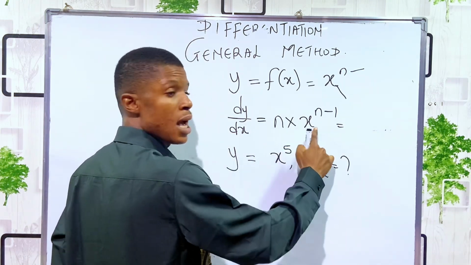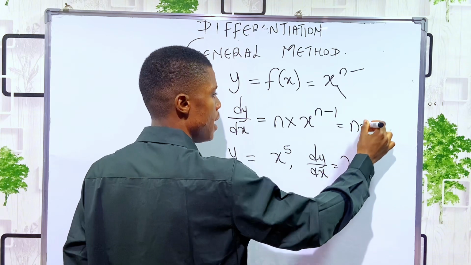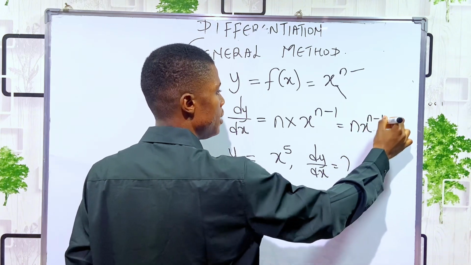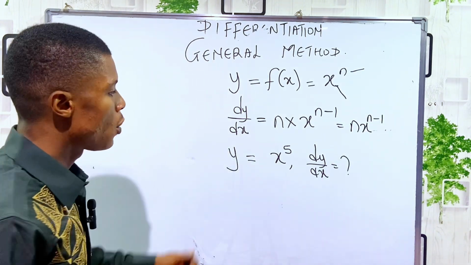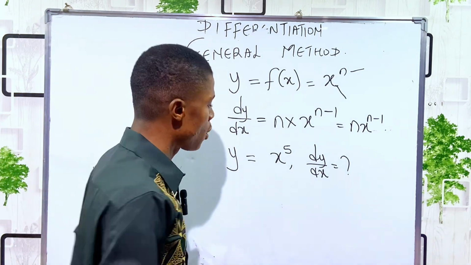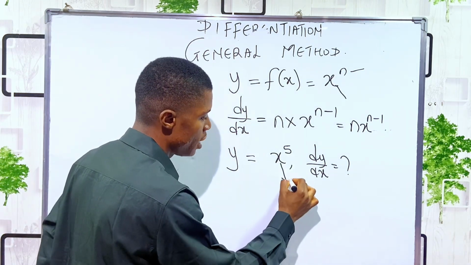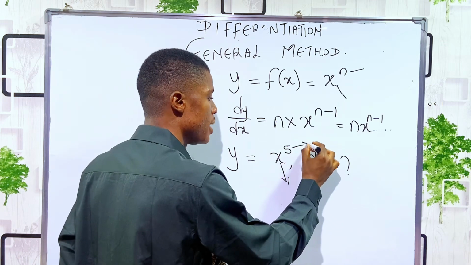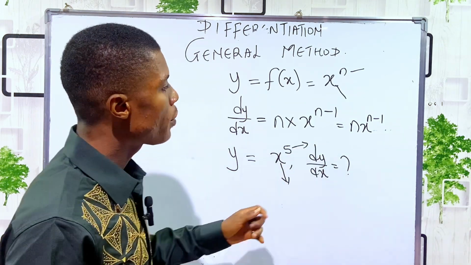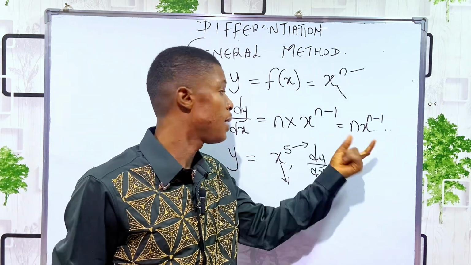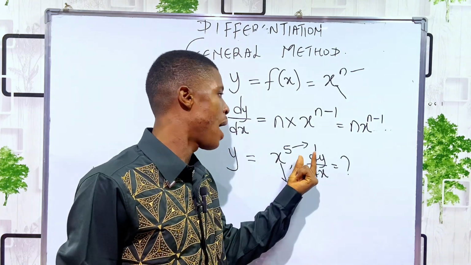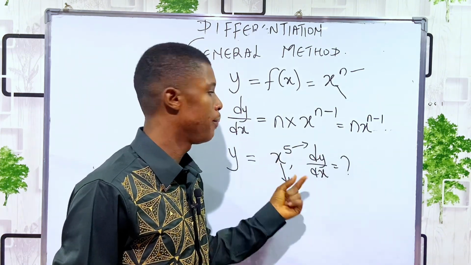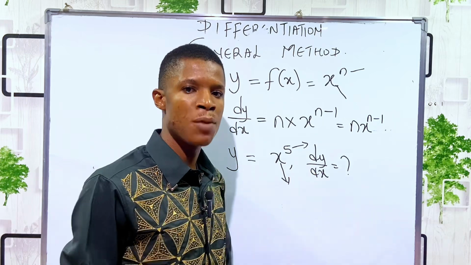You have n times x to the power of n minus 1. The base is always the x and the power is 5. So all we have to do is multiply the power, which is 5, to the variable, and minus 1 from the power.